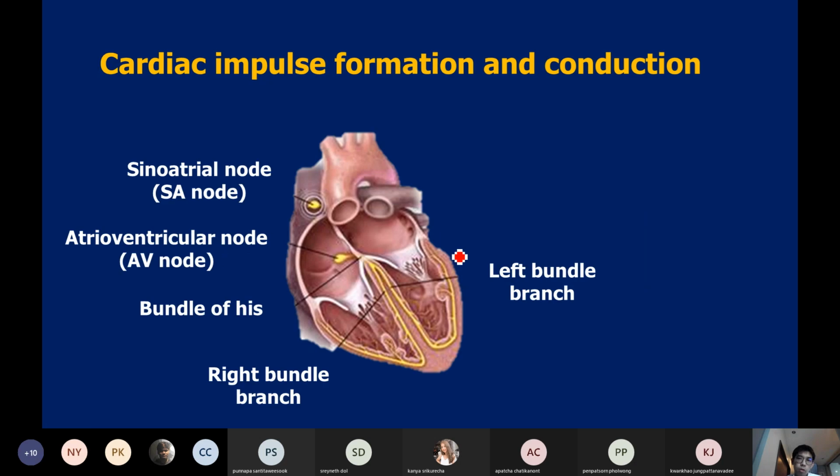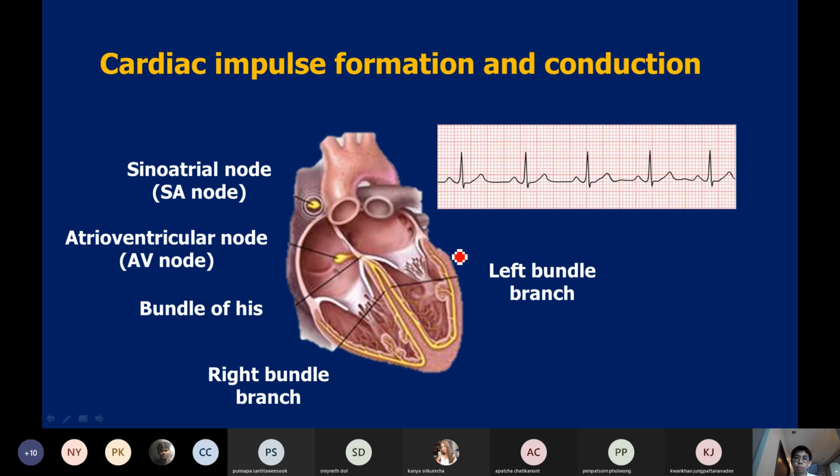There is a theory explaining that these patients with heart failure and reduced EF have what we call a desynchronization of the right and left ventricle. This is the normal conduction of a normal heart.